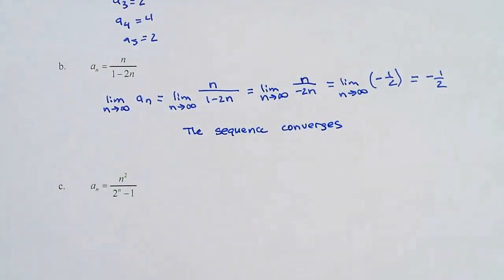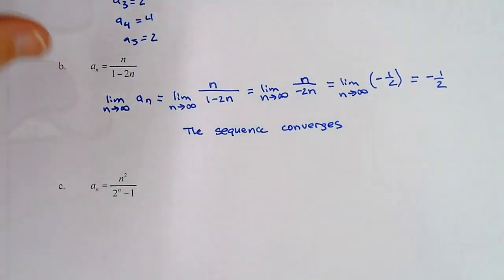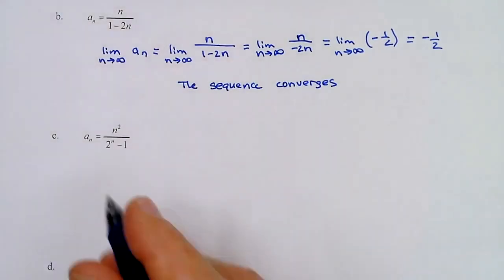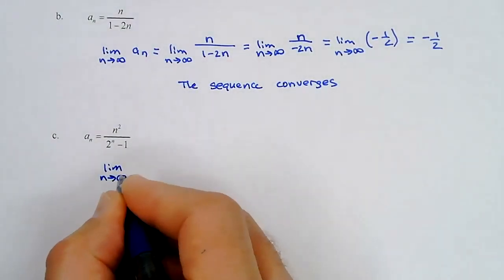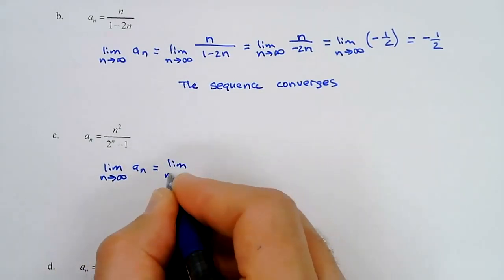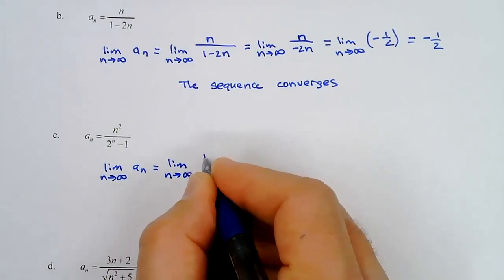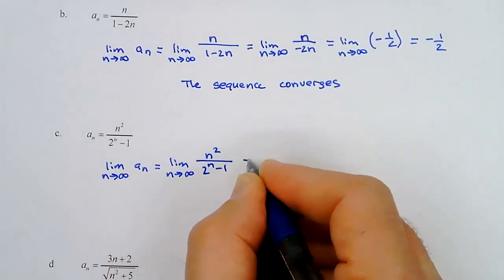All right. And then for this one, let me slide my paper up a little bit. We're going to take a look at the limit as n goes to infinity of a sub n. That's equivalent to the limit as n approaches infinity of n squared over 2 to the n minus 1.